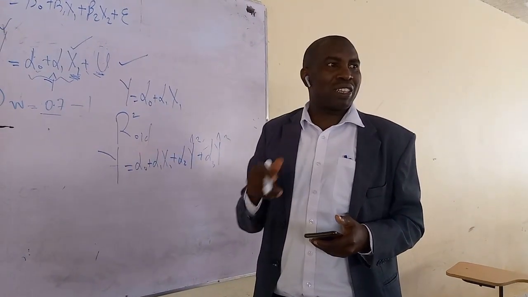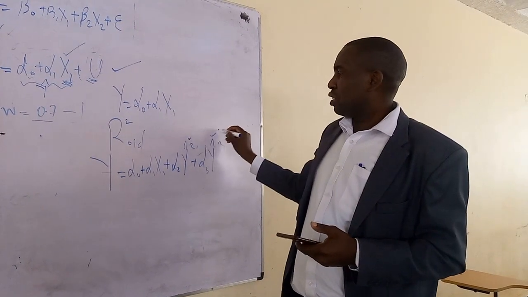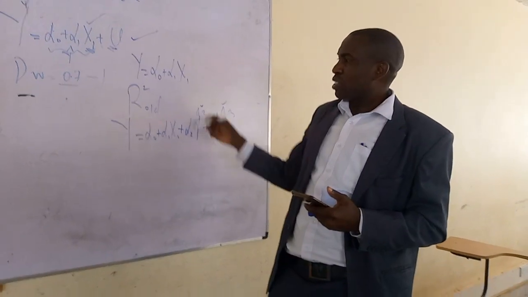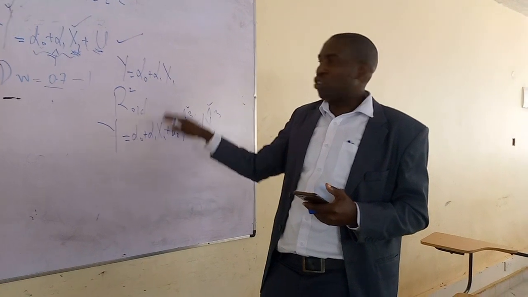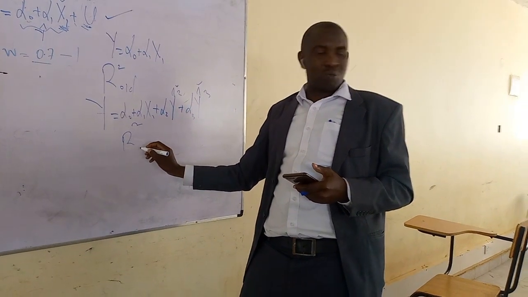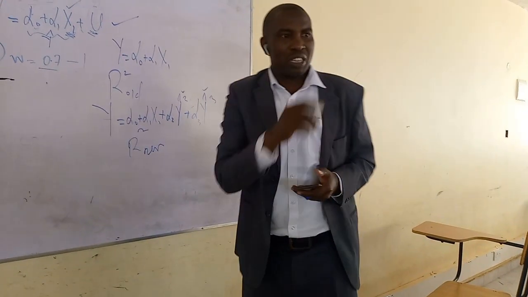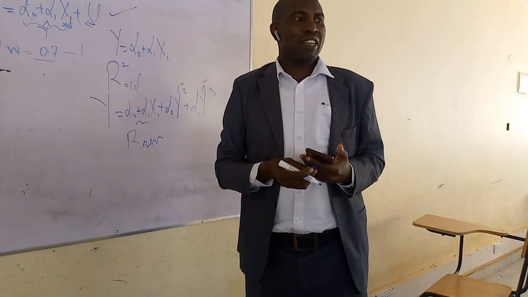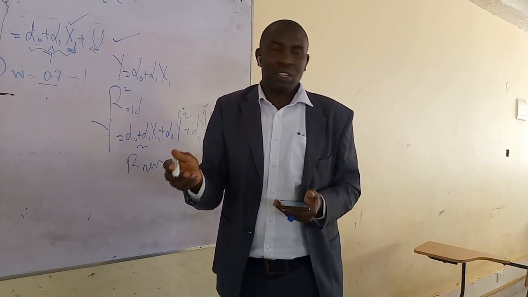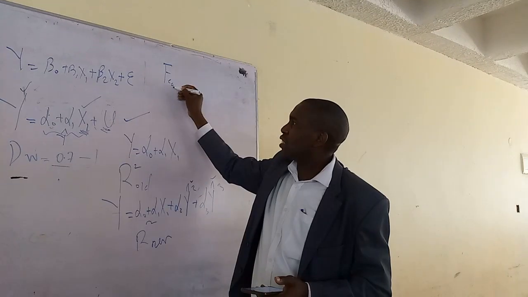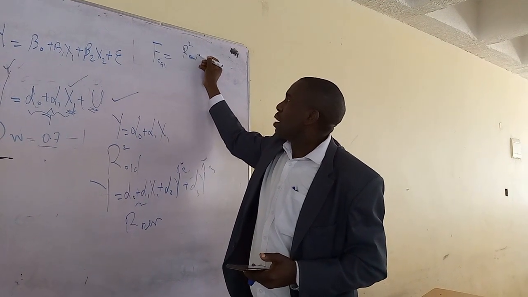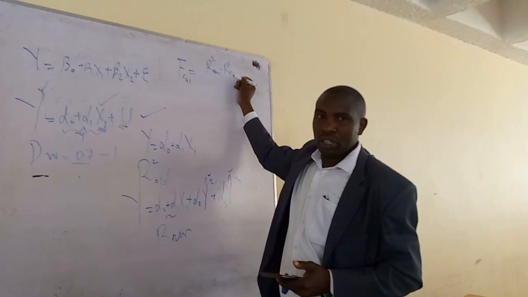This is the new model, and these terms take care of the variables you feel you may have omitted. So we are saying this is now the correct model and not the other one. When you estimate this one, you also get R squared, which we can call R squared new. The question is, how would you carry out the Ramsey RESET test? The Ramsey RESET test is an F test. So how do they calculate it? They say F calculated is equal to R squared new minus R squared old over n.